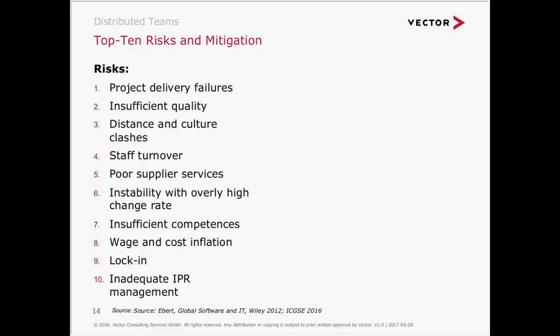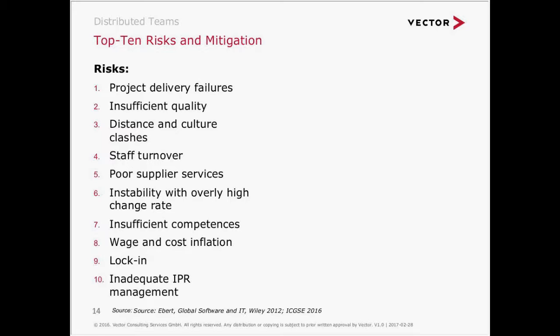Now, to summarize this list, I made it a top 10 list, which we typically update once per year. The number 1 and 2 is just insufficient project delivery in terms of schedule, in terms of quality. Number 3 is already a people issue, which is not to be underestimated.